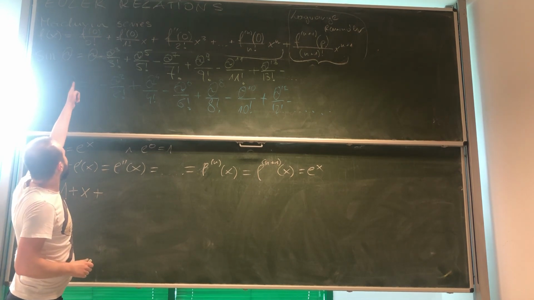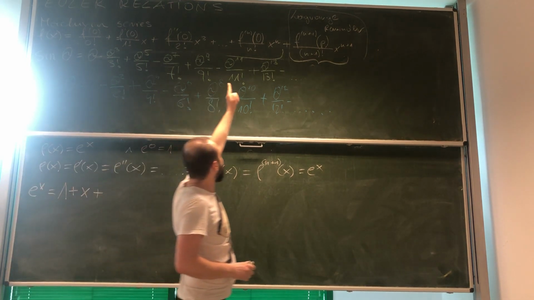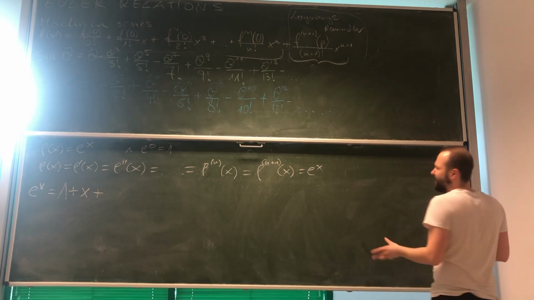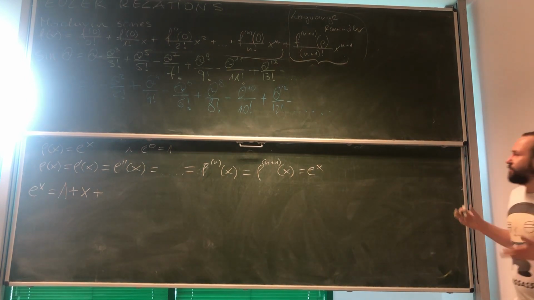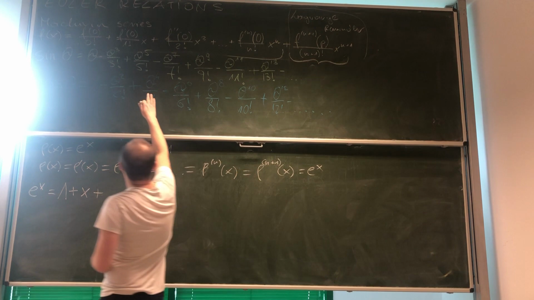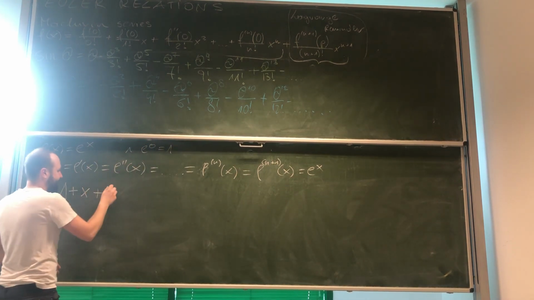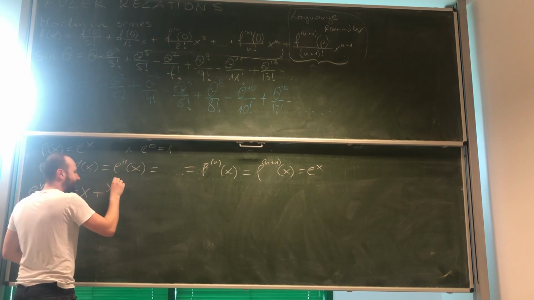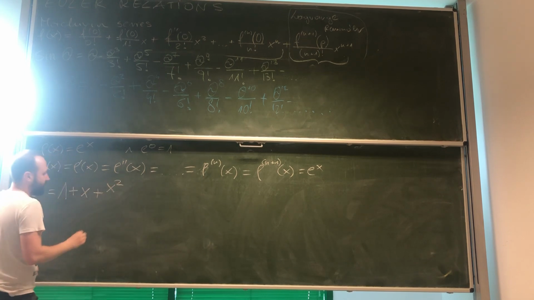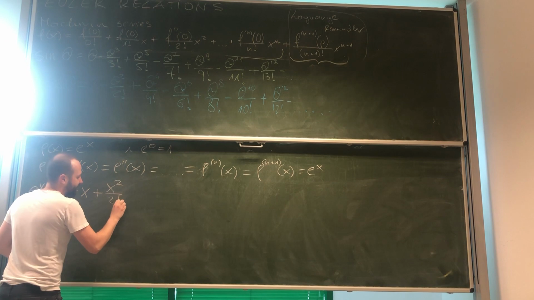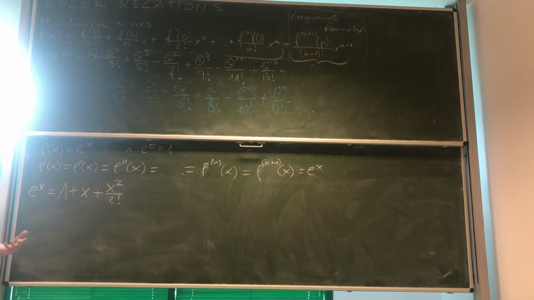I hope you can see that on the top, we will always have 1, right? So, not a problem. So, what will we have here? Well, in each consecutive element, we should have x to a bigger power, so there's going to be 2, and divided by a bigger factorial.